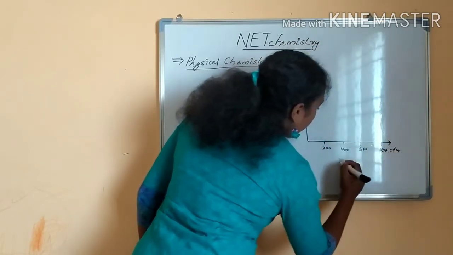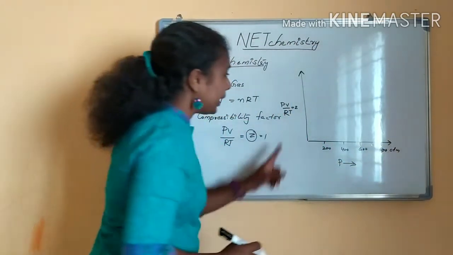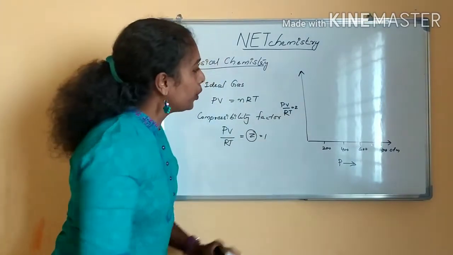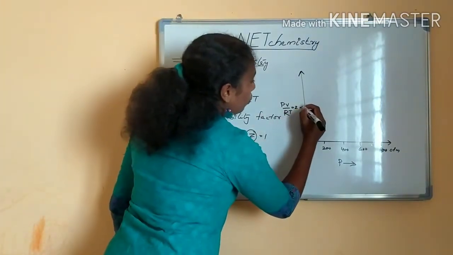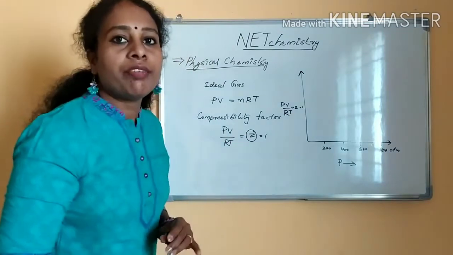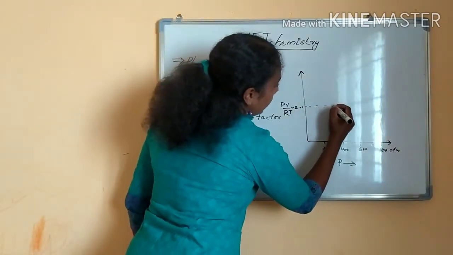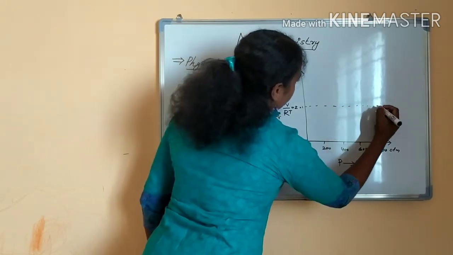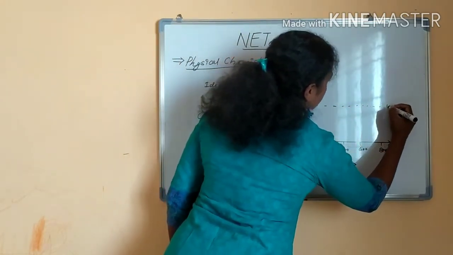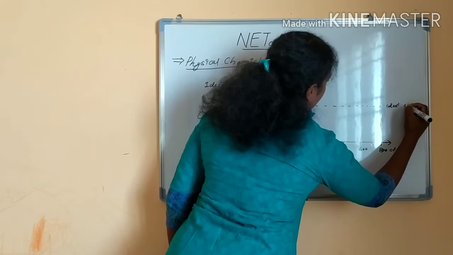You are going to see pressure against PV by RT. Where Z equals 1, the gas behaves ideally. So I am writing Z equal to 1. This is the ideal gas.